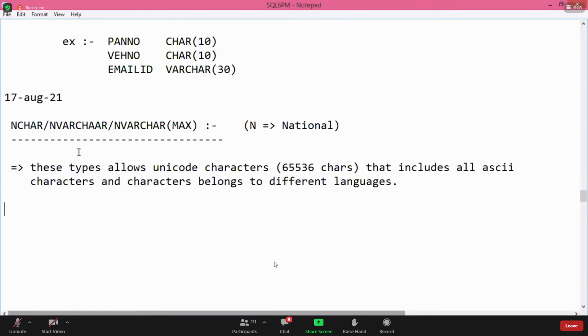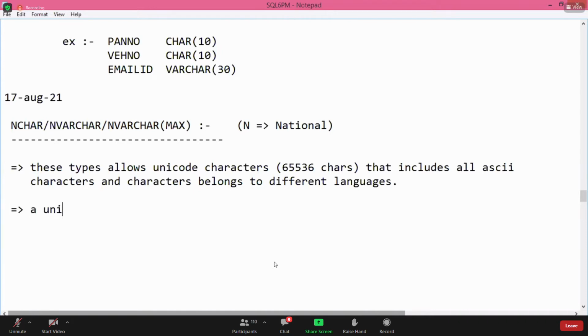All characters can be stored. If you want to store the characters of other languages, use nchar and nvarchar. If you want to store English characters, English alphabets, then use char and varchar. That is the only difference between these.